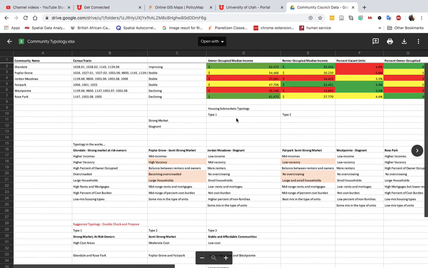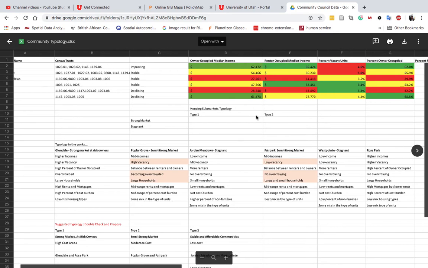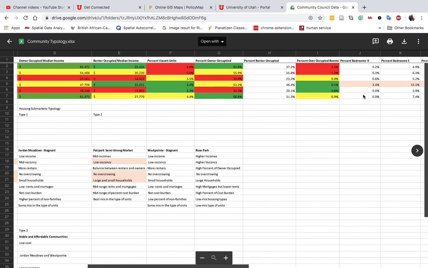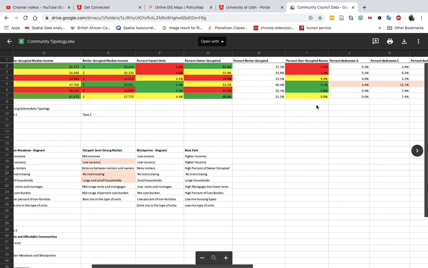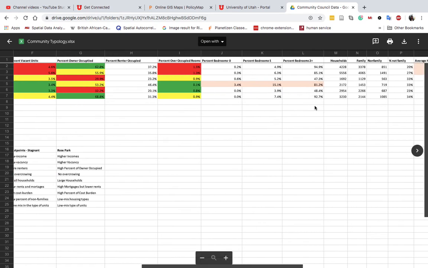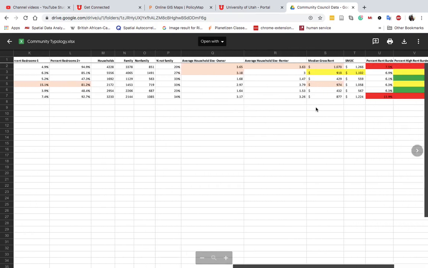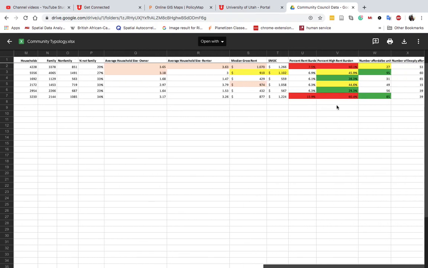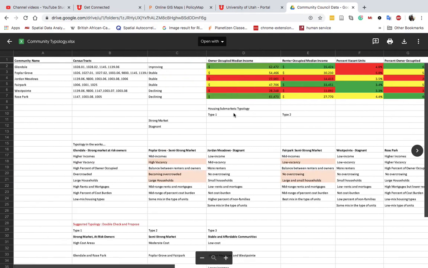And then we did the same thing for renters, for vacant units, and so on. After going through these different categorizations, and we didn't include everything, there's some data here that I didn't think was as important to use, but some of these we did.